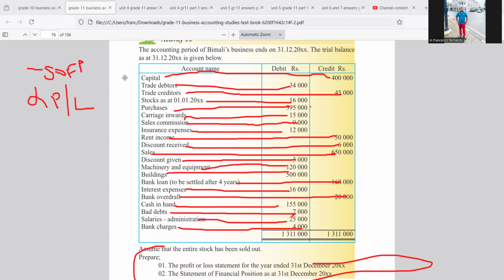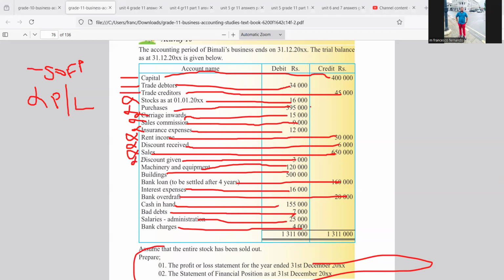Now capital is going to SOFP. Trade debtors is a current asset, SOFP. Trade creditors, SOFP. Stock, PNL. Purchases, PNL. Carriage inwards, PNL. Sales commission, PNL. Insurance expense, PNL. Rent income is other income, PNL. Discount received also is other income, PNL.